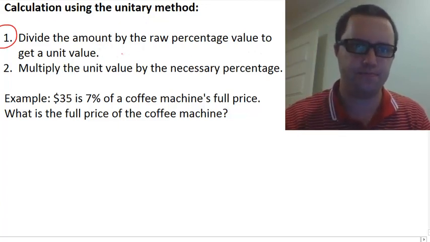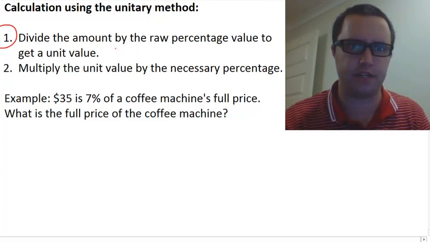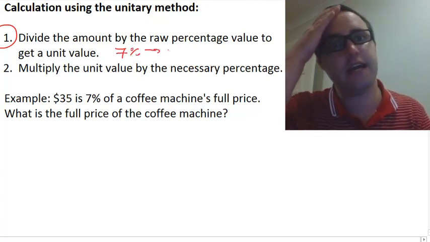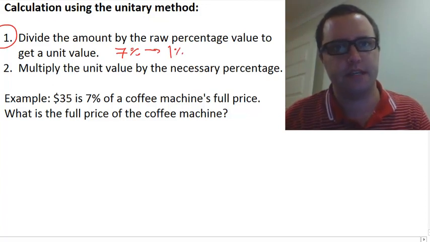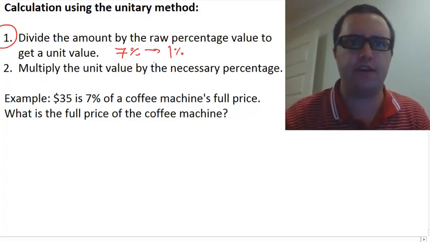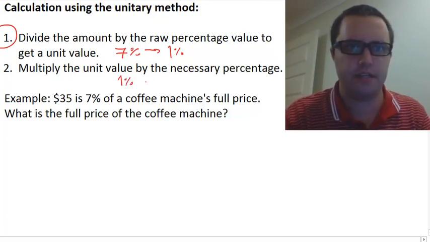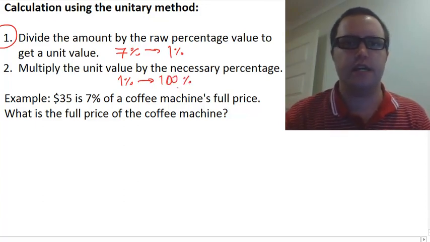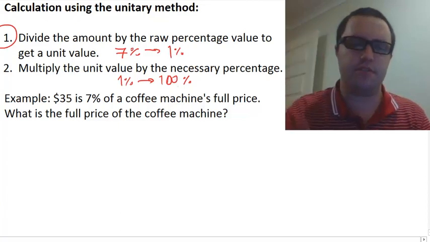In our next example, we're going to be going from 7% down to seeing what 1% is. Then we multiply our unit value by the necessary percentage. So in this next one, we're going to be going from 1% up to 100%. This is really easy, and I'll show you a couple of little steps that you can think about.